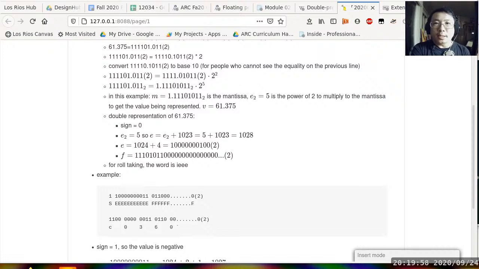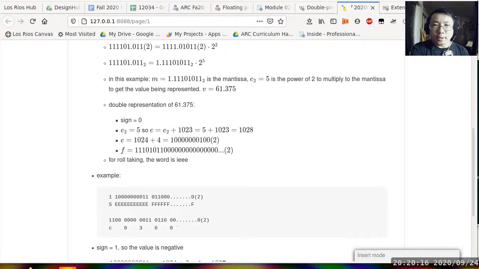So the idea is F, the fractional part of the mantissa, should have 52 bits. These dots here are basically a whole bunch of zeros in order to end up with 52 digits altogether.